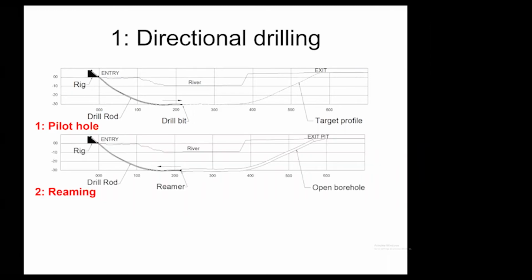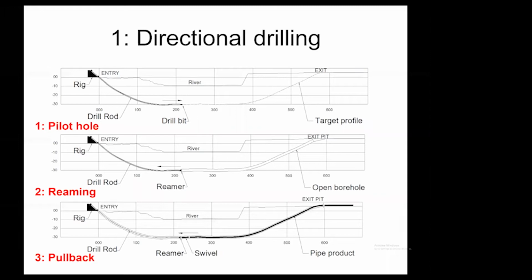It goes under that obstruction, and then you direct it back up to the ground surface along that target profile. Then, using a bigger bit, you drill backwards, and perhaps backwards and forwards a number of times, to open that borehole up so that it's big enough to take a new pipe. In that process, the borehole is stabilized using drilling mud. We'll talk a bit more about the mud in a moment.